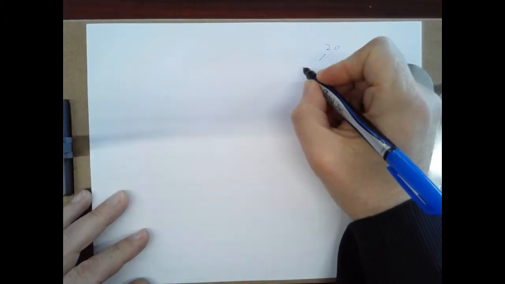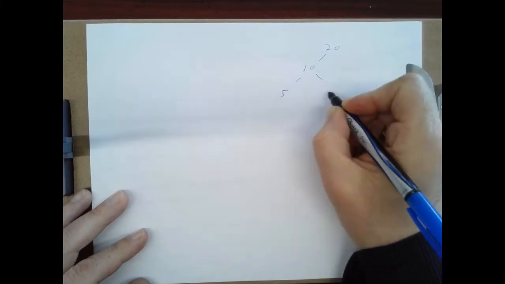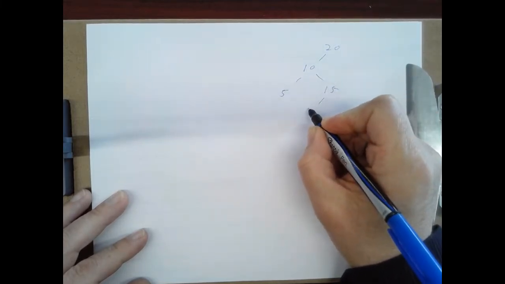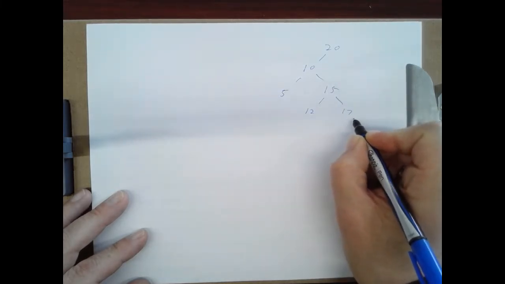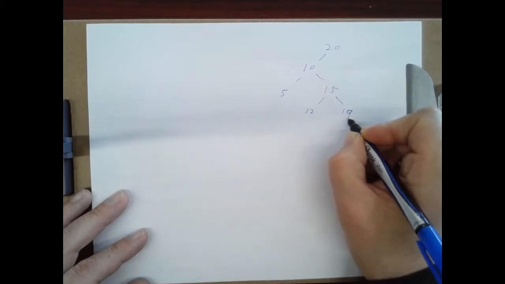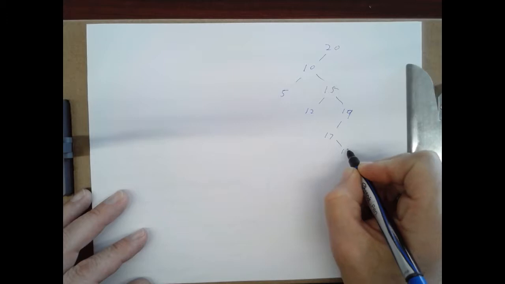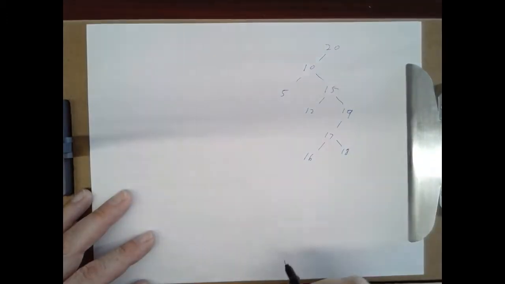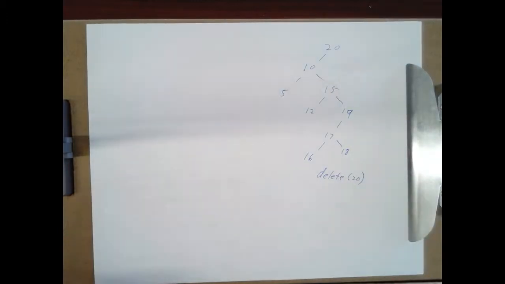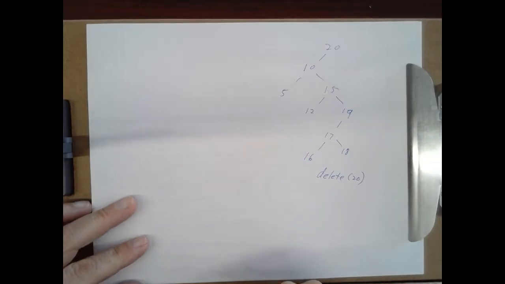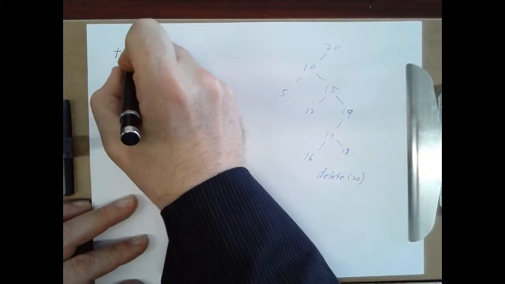So remember, when you've got a tree and you want to delete from the root, so let's say we want to delete 20. So our rule was going to be to delete the root.